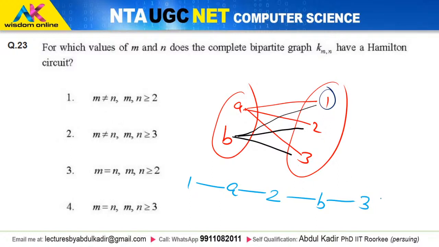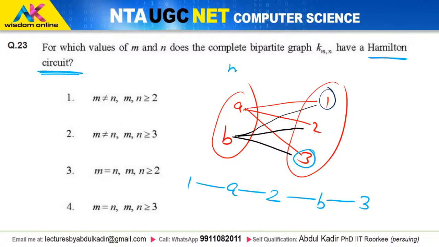Because to go to 1 you would have to revisit A or B. But in a Hamiltonian circuit we visit each vertex exactly once. So from vertex 3 you cannot go back to vertex 1, and that's why there is no Hamiltonian circuit.